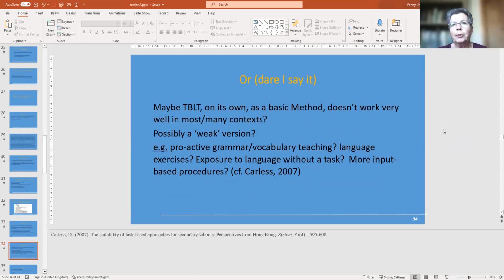Or I'm interpreting TBLT too narrowly, and possibly a weak version or a more flexible version does work well. Carl Less, for example, suggests that TBLT would work better if we had more proactive grammar vocabulary teaching, language exercises, more input-based procedures.